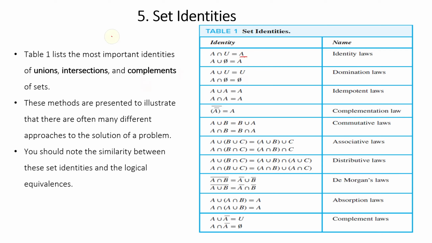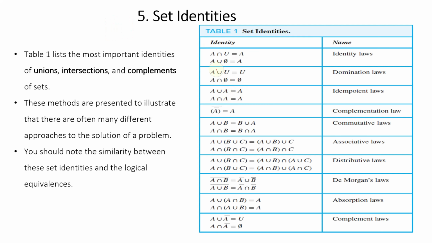So the set A, this is the universal set, and then you have a set A there. When you do the intersection between this and the universal set, it's only going to be that same A. Or the same thing, union with the empty set. The union of A with an empty set is going to be A.